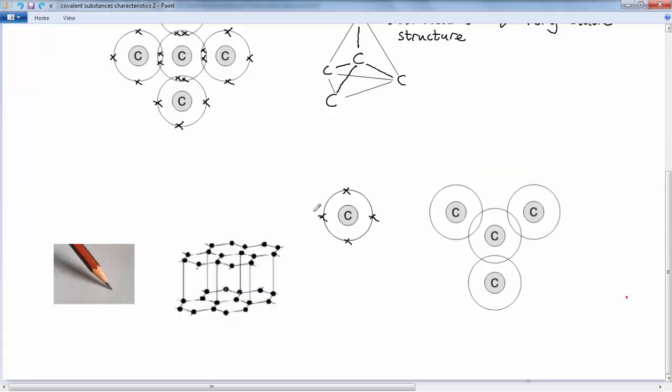Now in the case of graphite, what happens is this. 3 of the valence electrons of this carbon atom, and this one, are shared with the valence electrons of these 3 carbon atoms to form covalent bonds. Okay, there. Again, this one will share with another carbon atom, and this one will share with another carbon atom, etc.